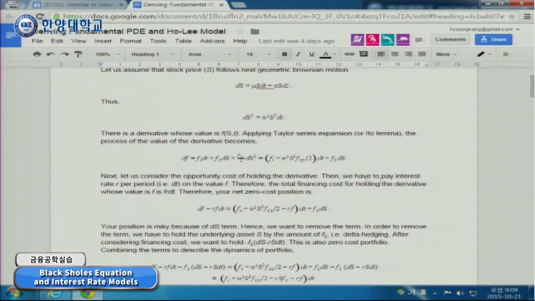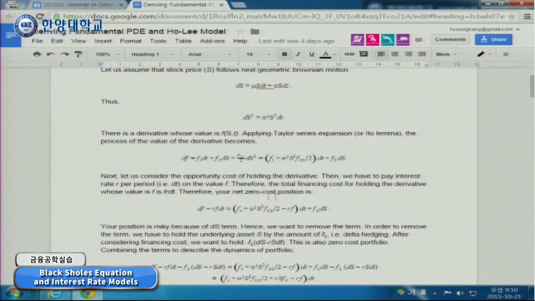We have to pay interest rate R per period dt on the value of f. Therefore, the total financing cost for holding the derivative whose value is f is f multiplied by R dt, where R dt is the interest rate for the period. So per period we have to pay fR dt.